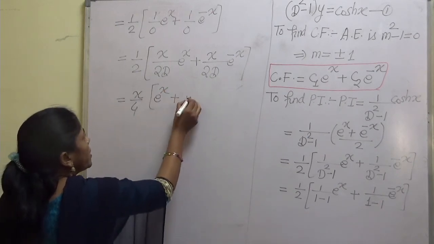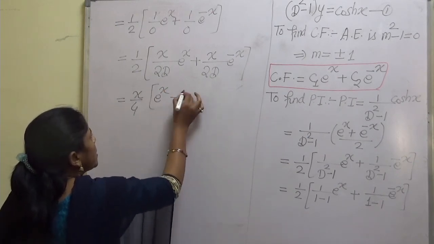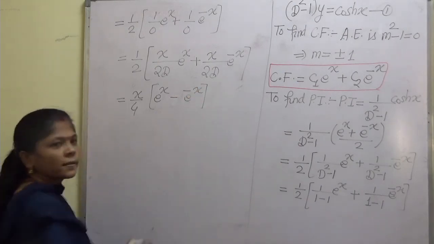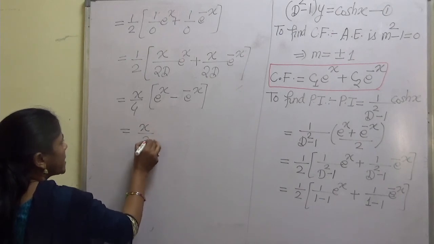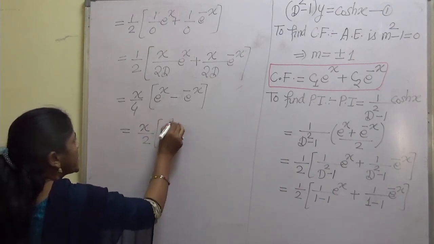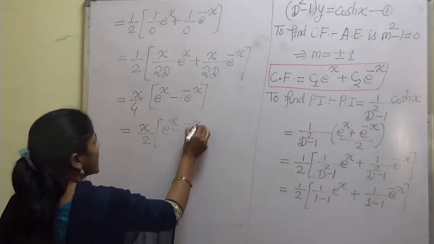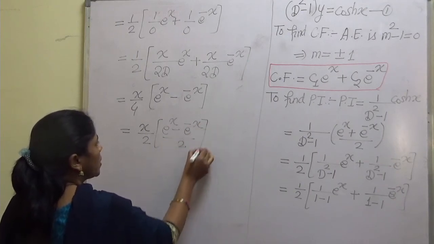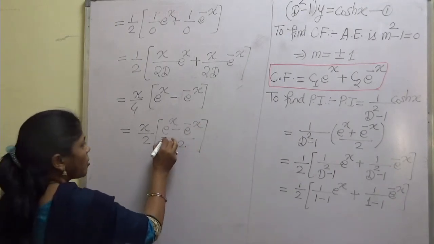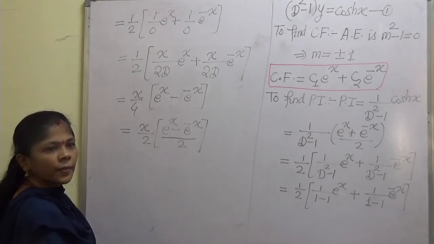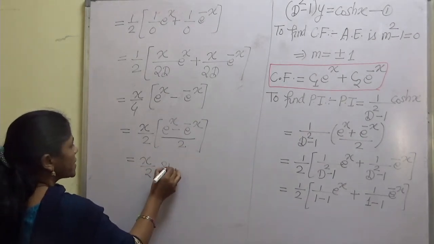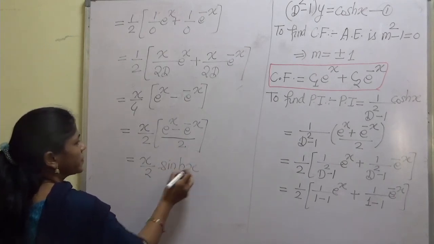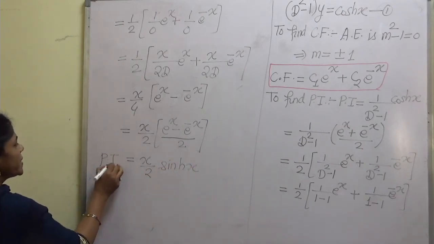Here it will be minus e raised to minus x. So that is equal to x by 2 times e raised to x minus e raised to minus x upon 2. Now look at this. This is the formula of what? Sin hx. So it is x by 2 sin hx. So the particular integral is this.